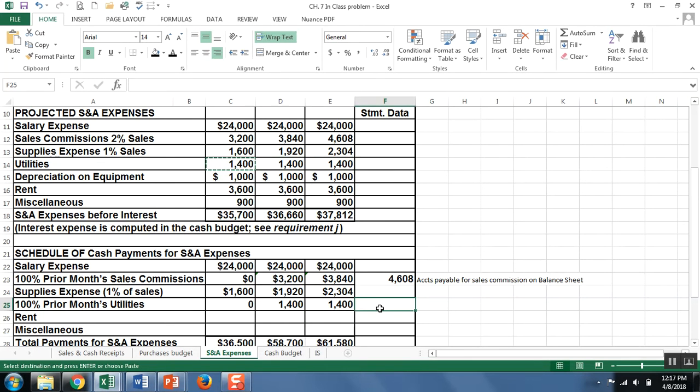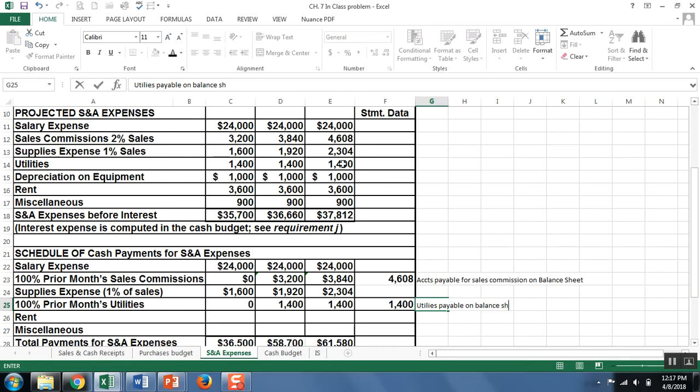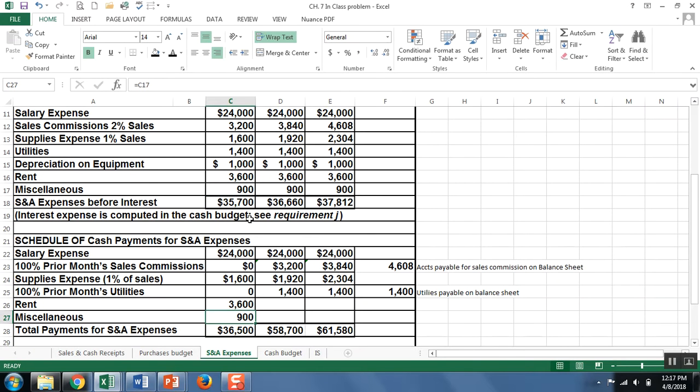And that means at the end of December, we still have 1,400 in utilities payable on balance sheet. Okay. And then rent and miscellaneous are paid in the month of. So now we have our cash payments for each month.